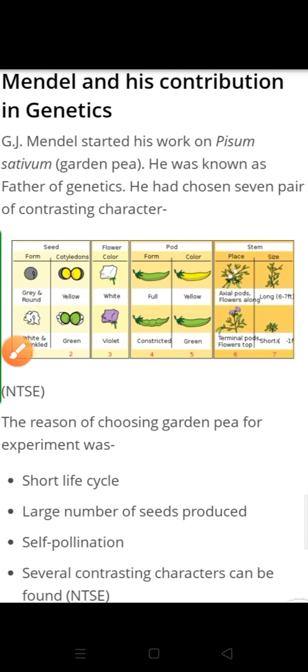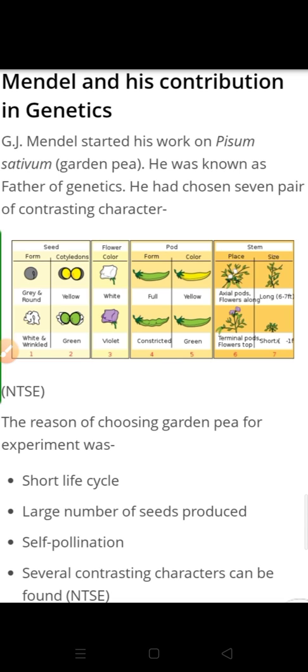Now Mendel and his contribution is very great, children. Gregor John Mendel started his work on Pisum sativum. Generally about Mendel, from the academic base he was a physicist and priest, and he was the son of a gardener, so he got a keen interest in gardening.